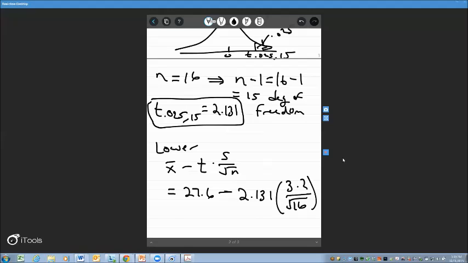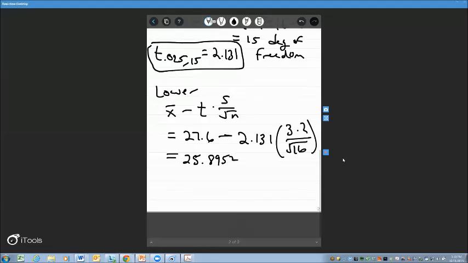And if we finish that calculation, we end up with 27.6 minus 2.131 times 3.2 divided by the square root of 16, which is going to give me 25.8952.